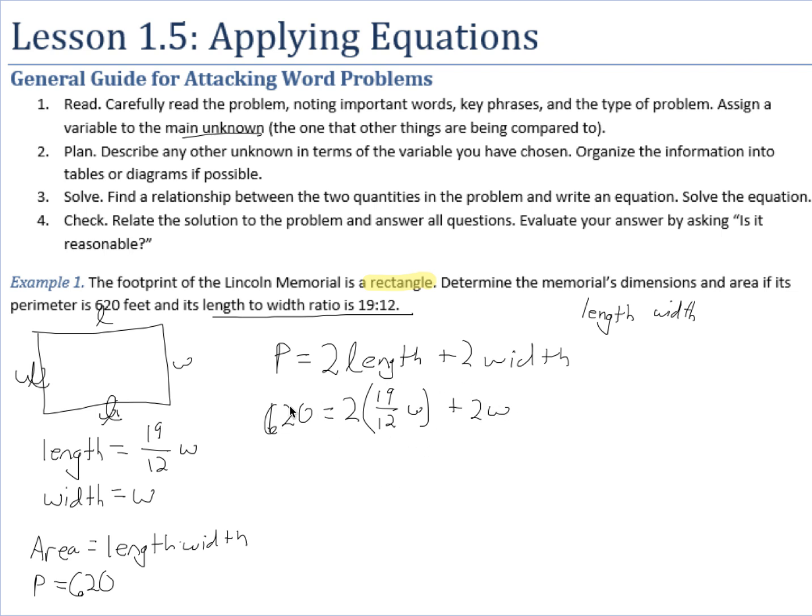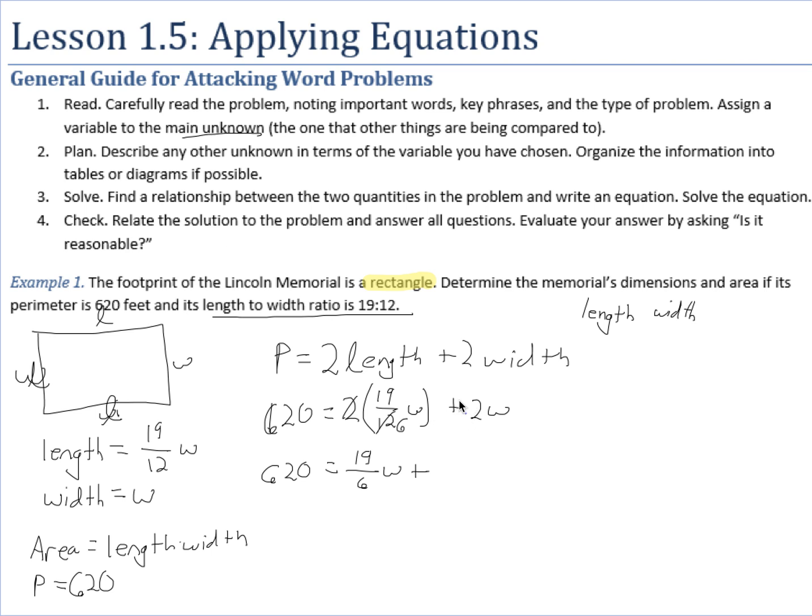And now we're to a pretty simple equation we're going to solve. So we have 620. We came up with a relationship because of perimeter, and we're going to solve this equation. 620, 2 and 12 reduce. So we have 19 sixths W. I'm going to kind of think ahead here and realize, well, I have sixths here, so I'm going to want to have sixths over here.